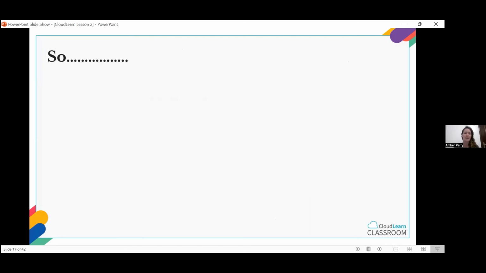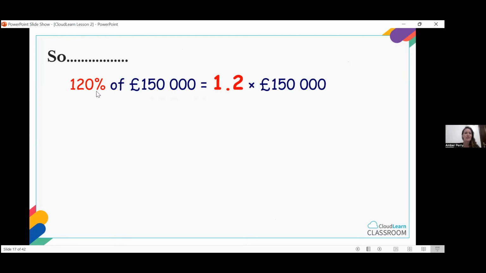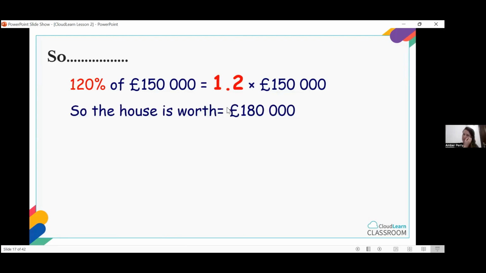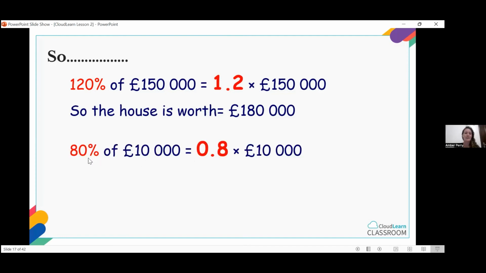So the house, 120% of 150,000, was 1.2 times 150,000. The house is worth £180,000, which was correct. And 80% of 10,000, that car which was reduced by 20%, is 0.8 times 10,000, which is 8,000.